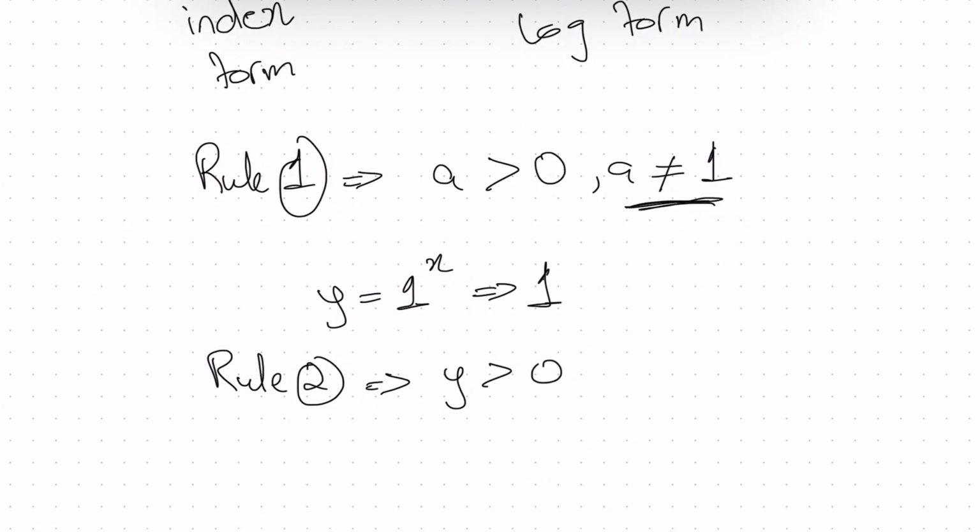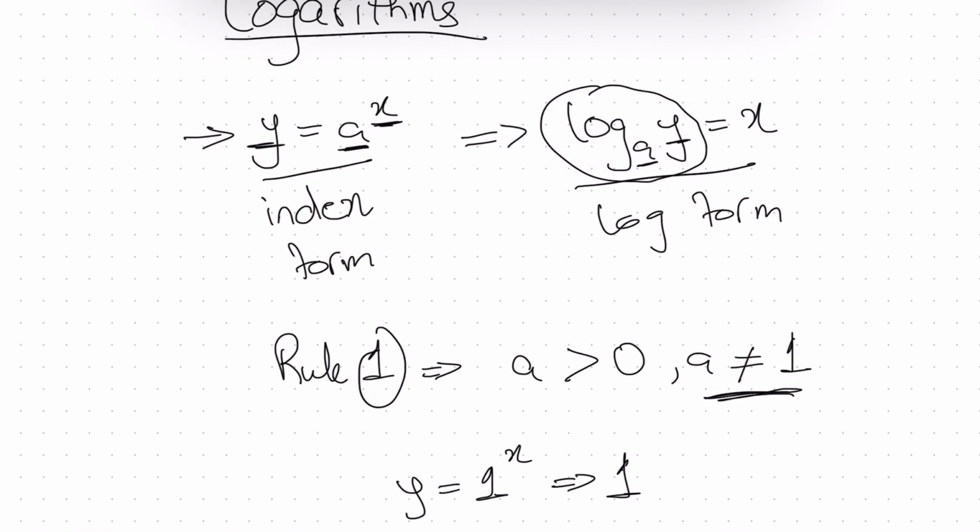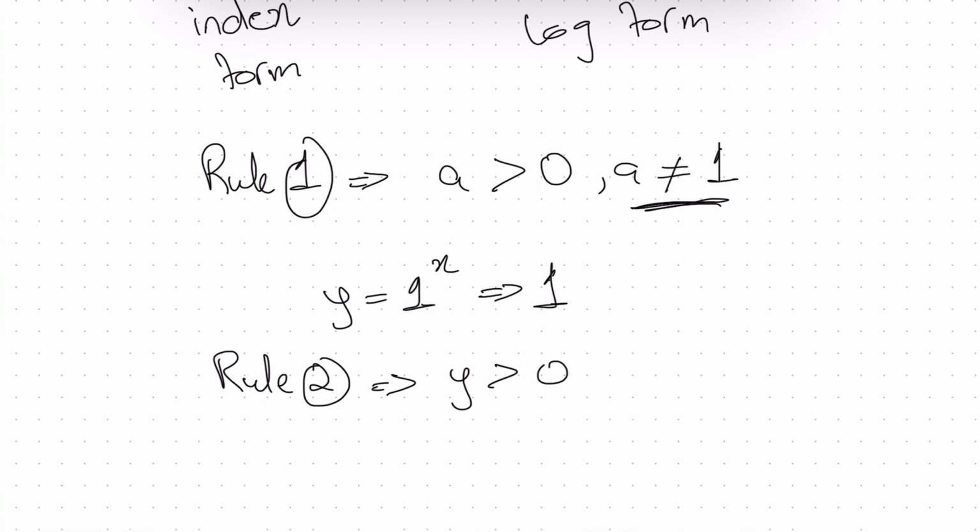Okay, because if you put y equals to 0 and a power x, okay, so basically no combination of this makes it 0. If I put a very small value of x, I might get closer to 0 but not 0. That's why we don't use it.